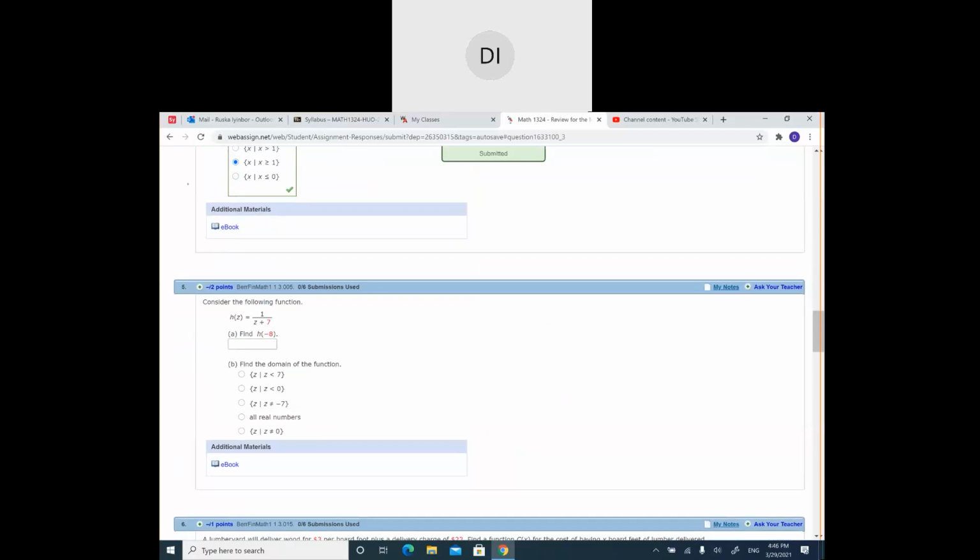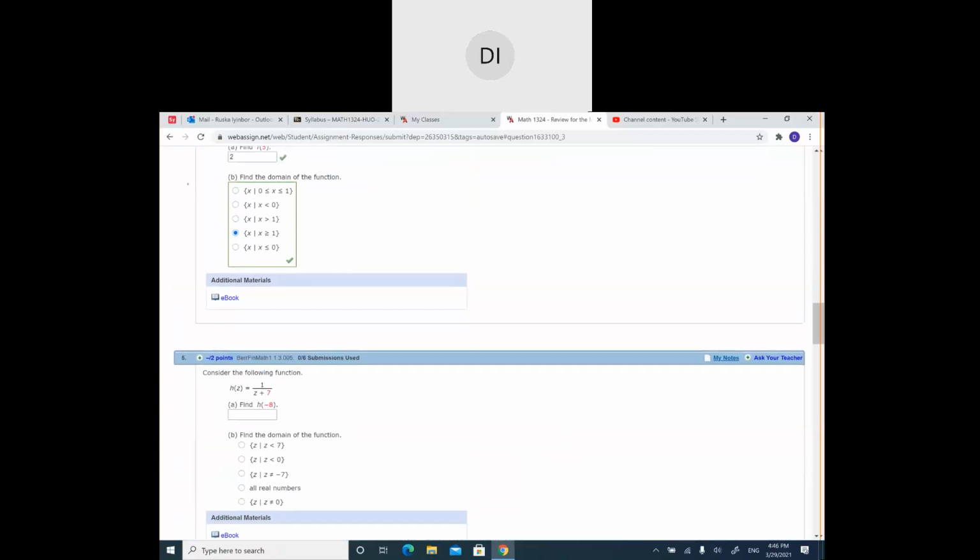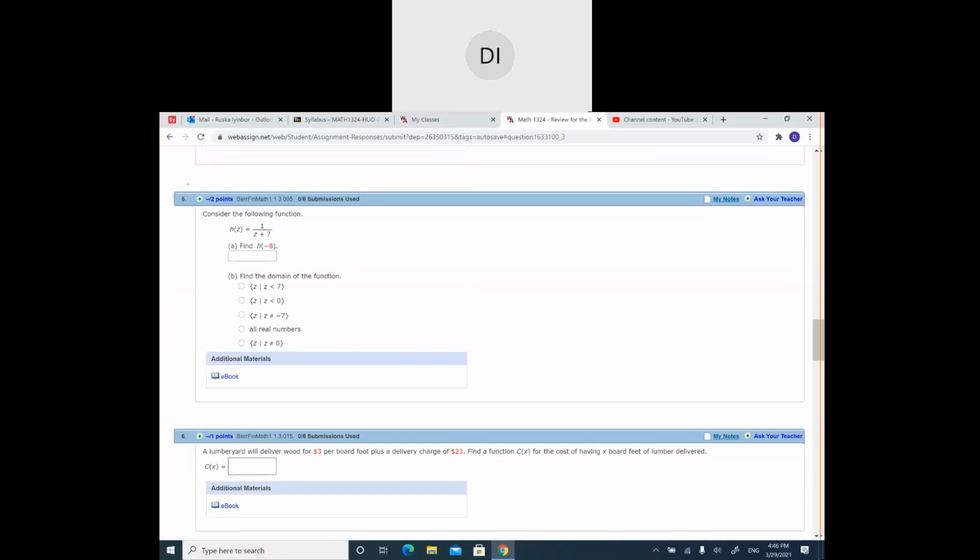Okay, number 5 is the same way. You plug it in. In this fraction, x is -8. And then also finding the domain of the function. So f of -8 is going to follow the function, which is this function, 1 over -8 plus 7. You're going to simplify this, so it's 1 over -1, which is -1.